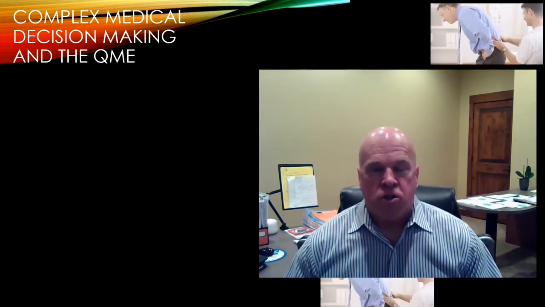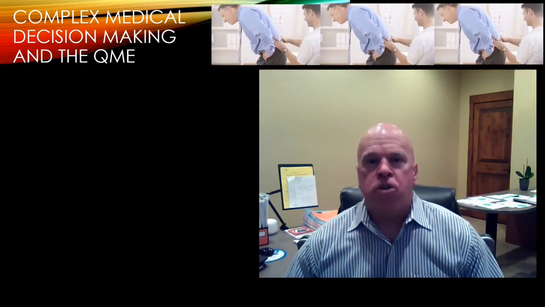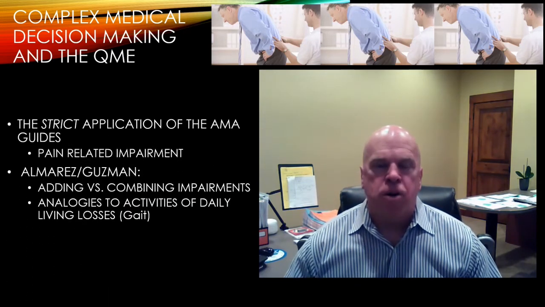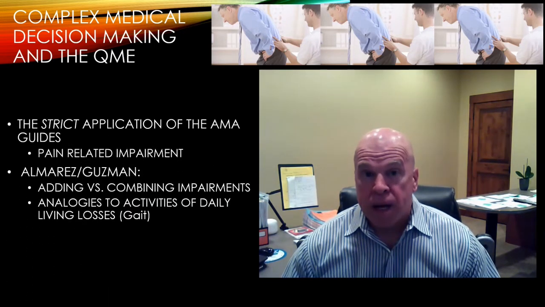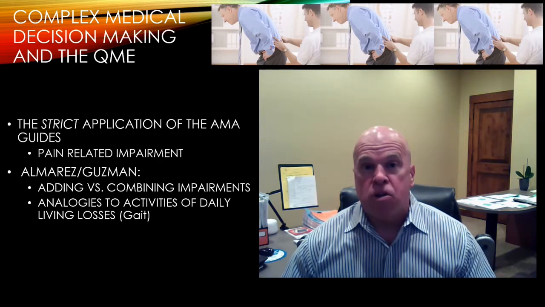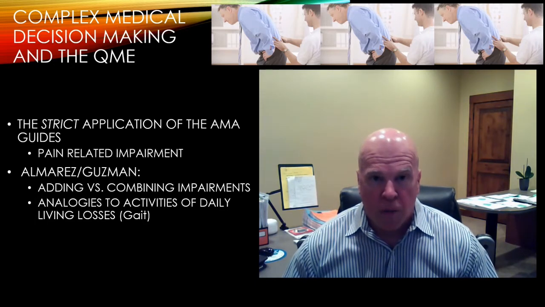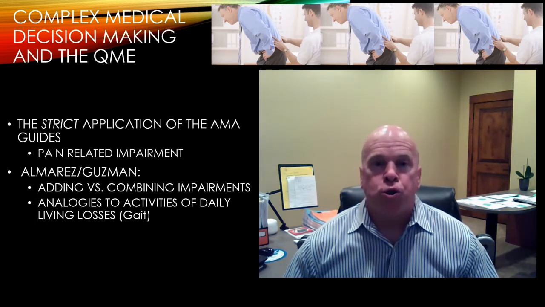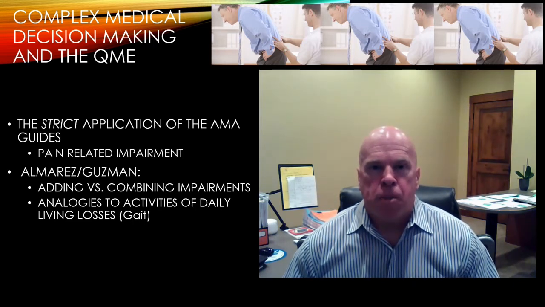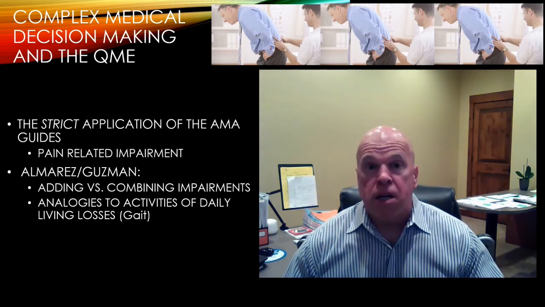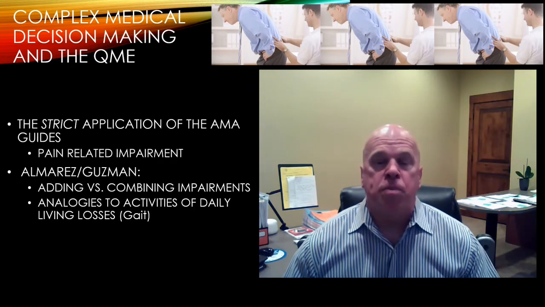In today's session, I want to share with you some case examples to illustrate how qualified medical evaluators have used the AMA guides both under the strict application of the AMA guides and then also under Alvarez and Guzman to come up with permanent impairment ratings that, in their opinion, were the most accurate description of the examinee's true condition.